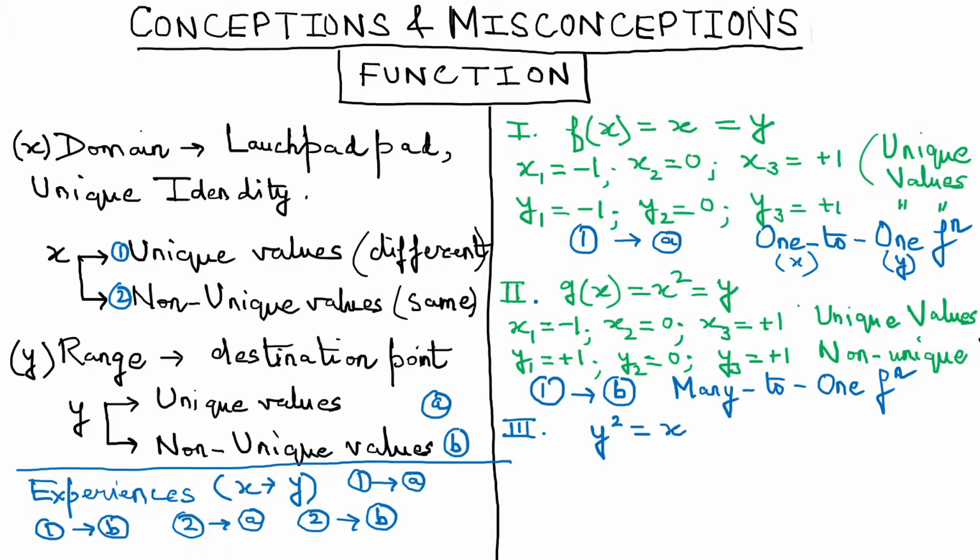Now when I'm taking y square is equal to x, it's just like saying you take a function f(x), you take the square of this function, which is equated to x. So let me take the different domain values here. Let me say x1 is equal to -1, x2 is equal to 0, x3 is equal to +1.